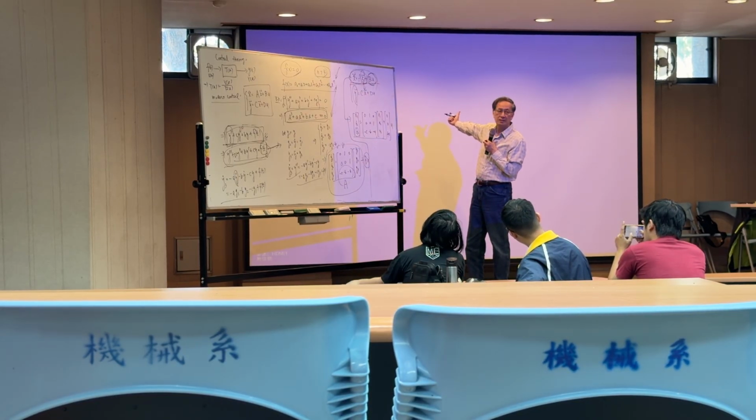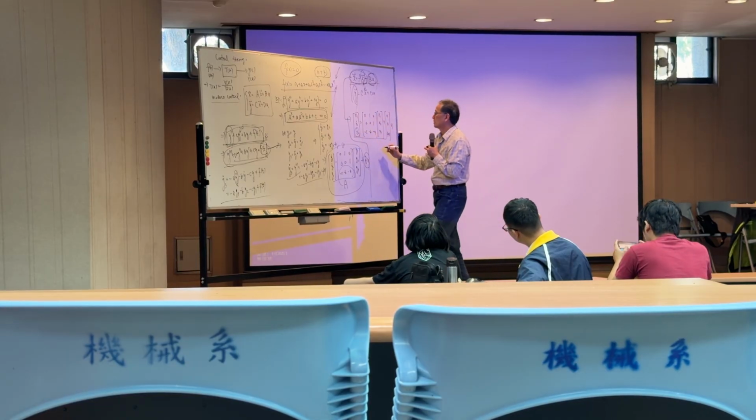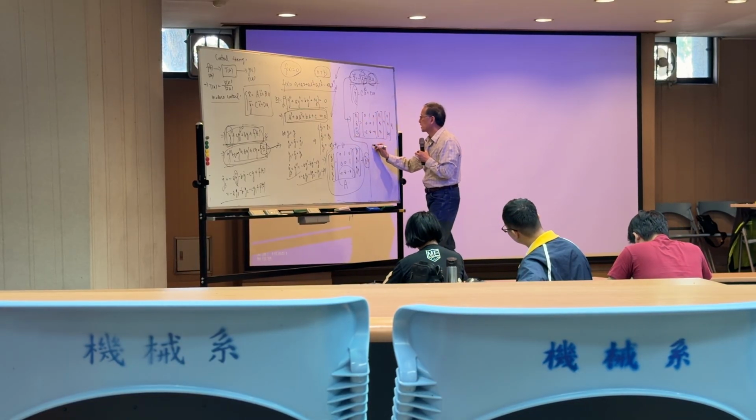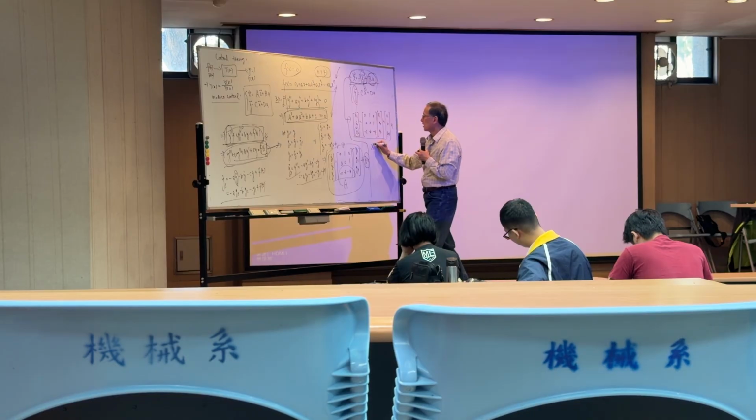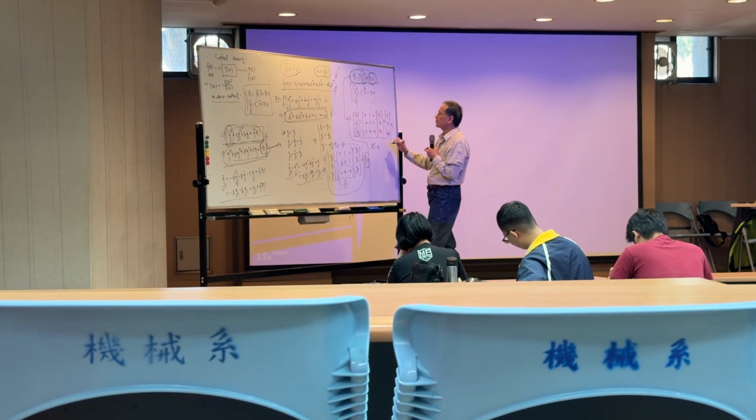Using our Euler method, the first equation becomes x1 i plus 1 equals x1 i plus h times here, that's x2, right?